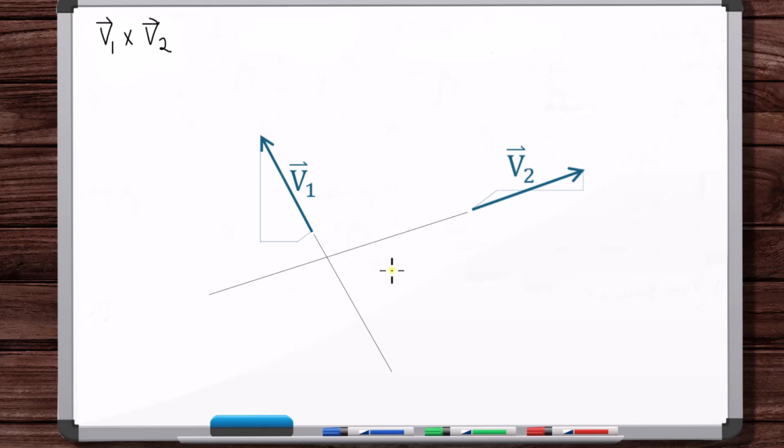But there's also spatial vectors related to angular changes in space. And in those cases, the vector itself, the direction of the vector, corresponds to the axis of rotation.